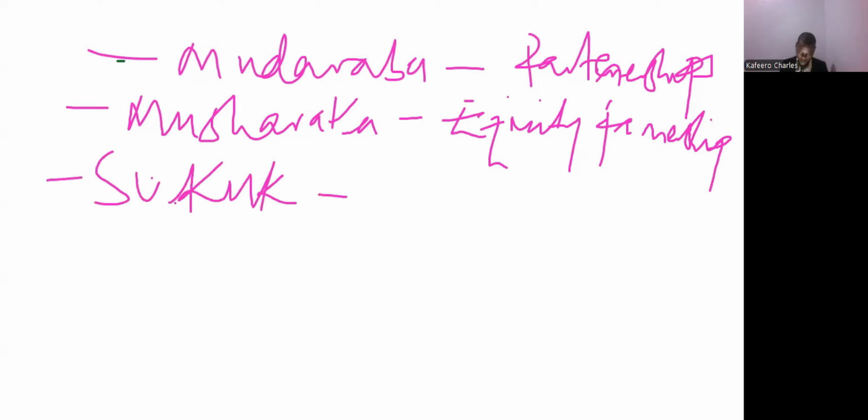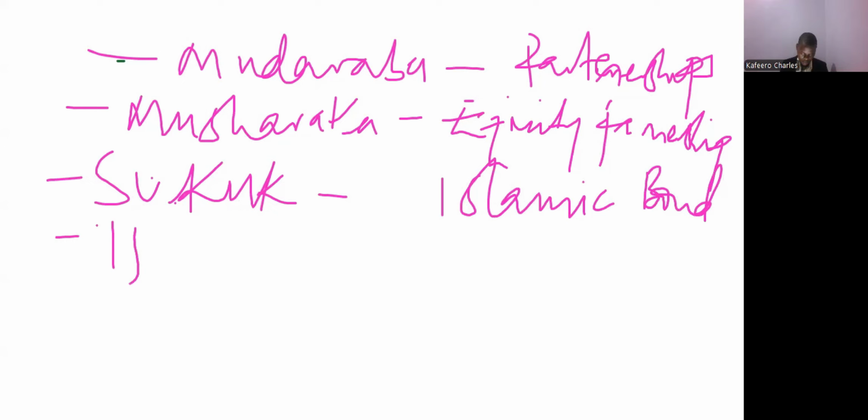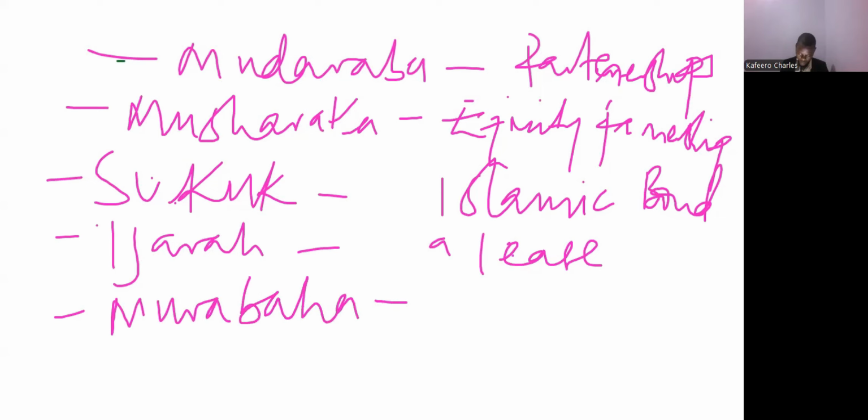Sukuk means it's just a bond, Islamic bond. We have Ijara. That's a form of a lease arrangement. Then we have Murabaha. That's just a form of credit sale.